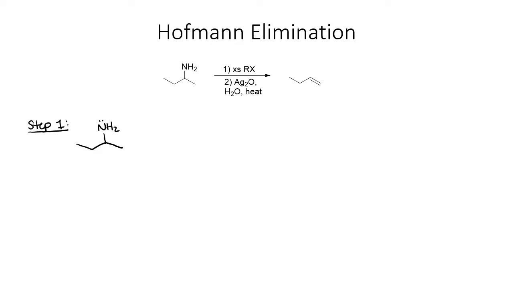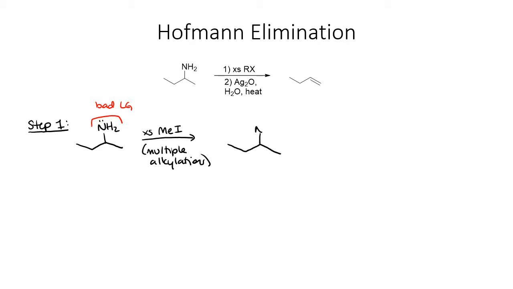So starting off, we have an amine. An amine itself is a bad leaving group because it's a strong base. So what we're going to do is we're going to take excess alkyl halide, such as methyl iodide, and we'll do multiple alkylations. Similar to what we saw in the very first reaction of this video.